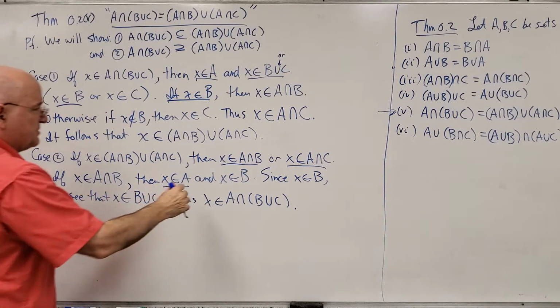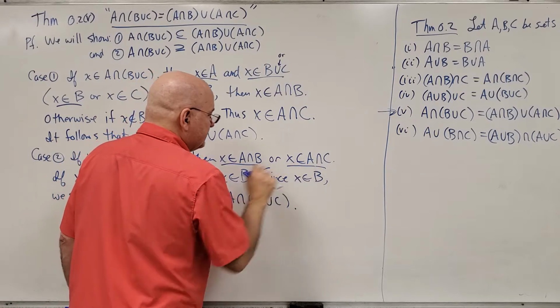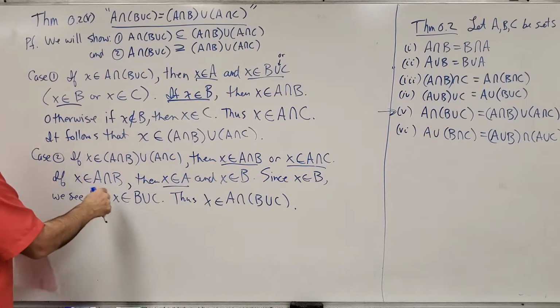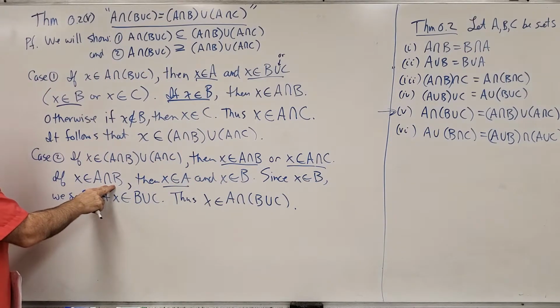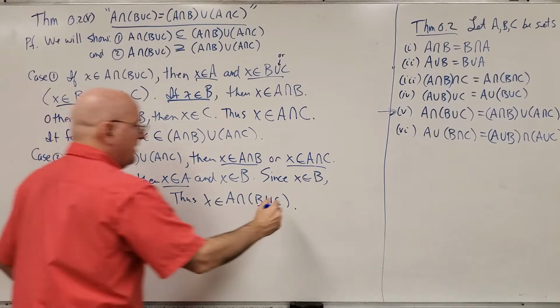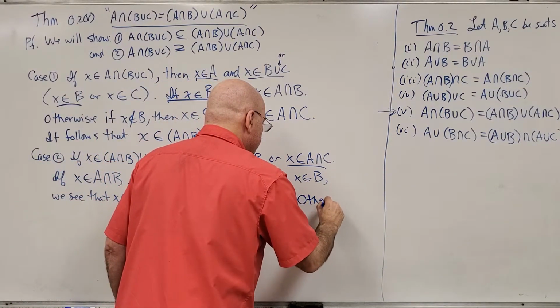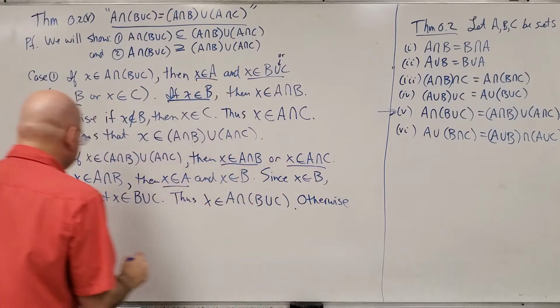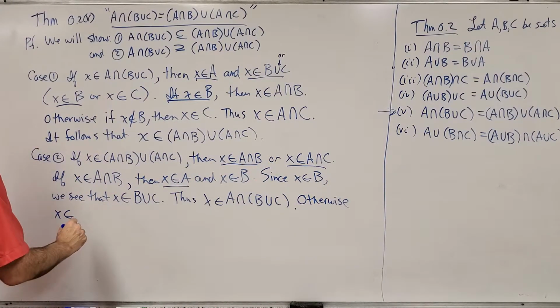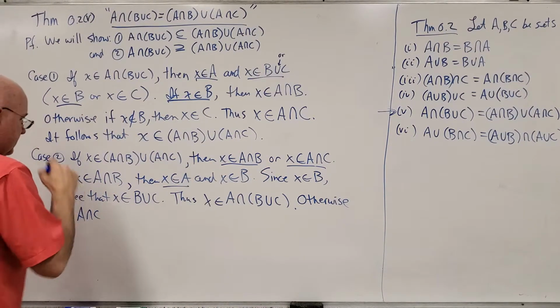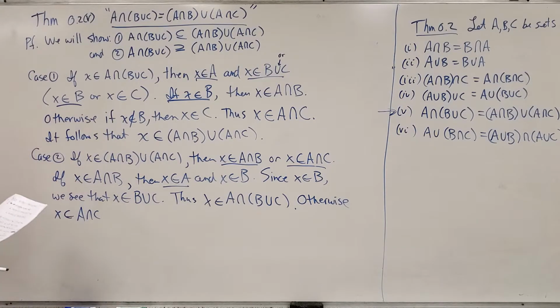This was the first case. Remember, X is either in this or X is in that. Well, if X is in this, A intersect B, we proved it. Otherwise, X is in A intersect C. And the remainder is just going to be very, very similar to what we did above.